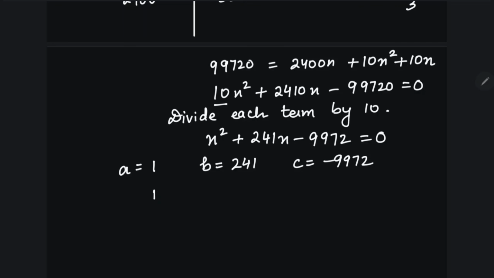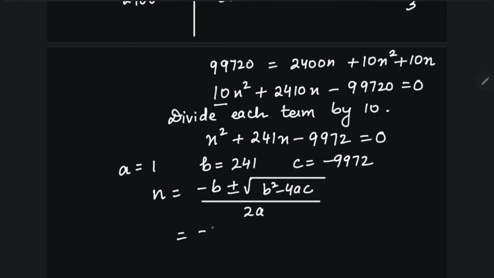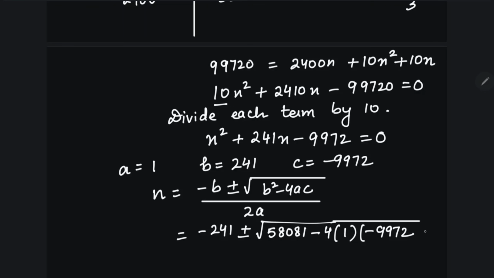Now what is the quadratic formula? The quadratic formula is minus b plus minus under root b square minus 4ac upon 2a. So just put the values: minus 241 plus minus under root, b square is 241 square which is 58081, minus 4 into 1 into minus 9972, divided by 2 into 1.